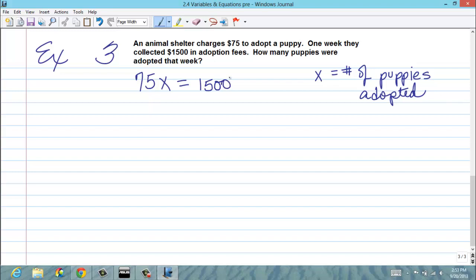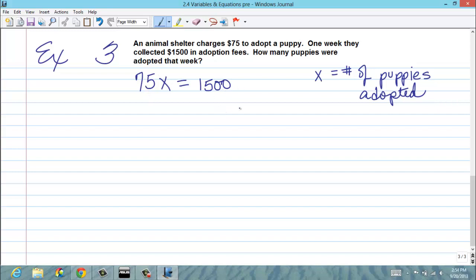So we want to solve for x because they're asking how many puppies were adopted, and x represents the number of puppies. We've got to solve for x. Could we use guess and check? Could we try to figure this out? Let me see. 75 times a number equals 1,500.